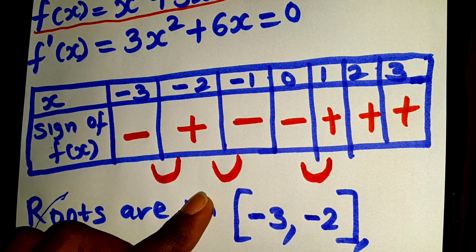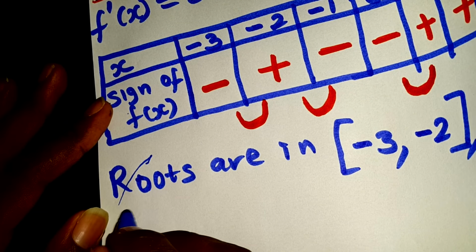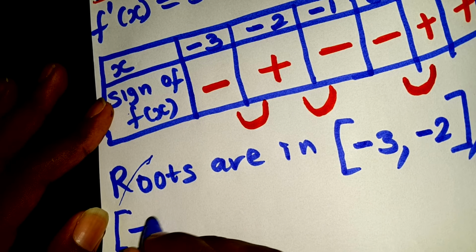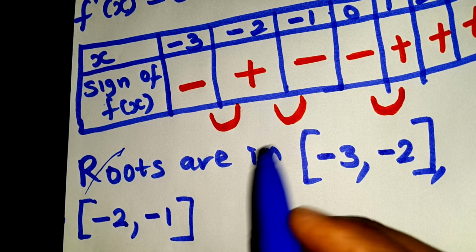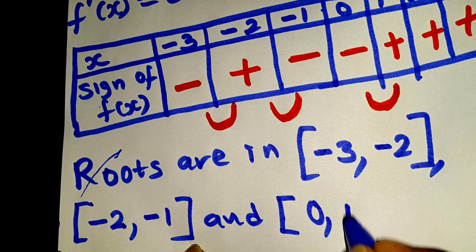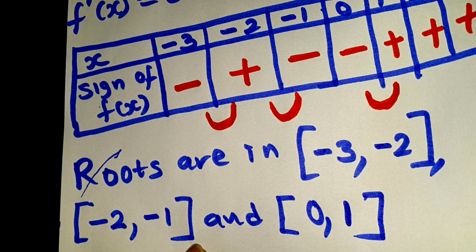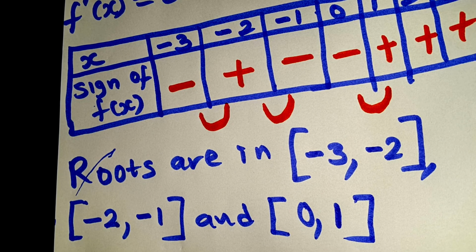Then the next one is from minus 2, minus 1, and also 0 and 1. So this is all what we have.